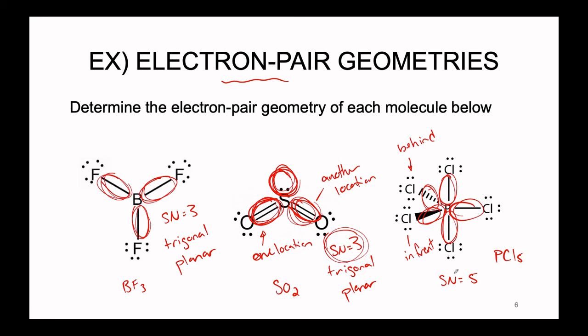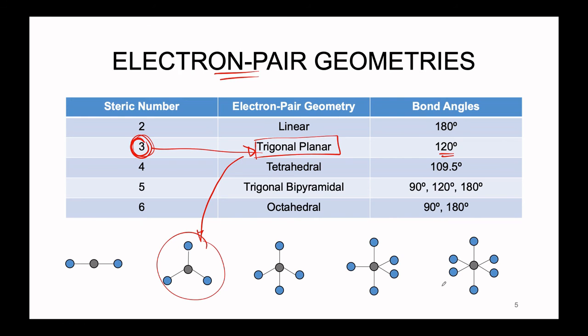This is a great example of a central element that has an expanded octet, and all of these electrons are spread out in 5 different unique locations. Because of that, going back to our table, a steric number of 5 gives a trigonal bipyramidal geometry, this one right here.